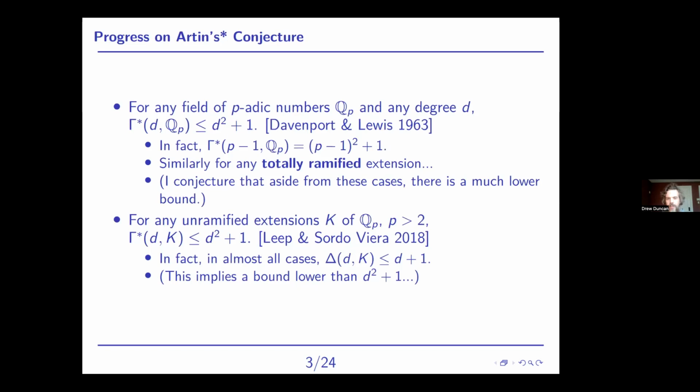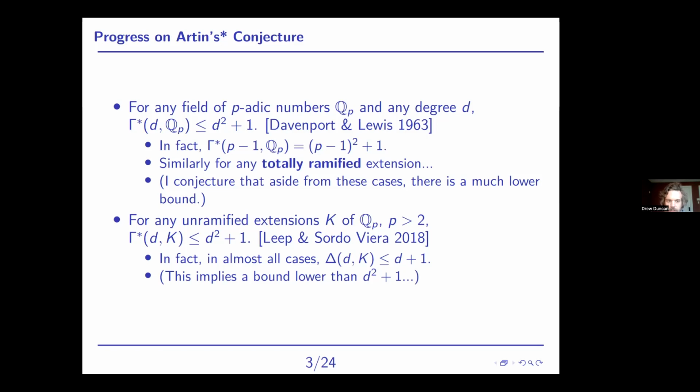Okay, so on the question specifically of this d squared plus 1 bound, there's some progress. The first progress in this direction was the original paper by Davenport and Lewis, in which they established that for every field of p-adic numbers Q_p in any degree, gamma star is bounded by d squared plus 1, and this bound is sharp.